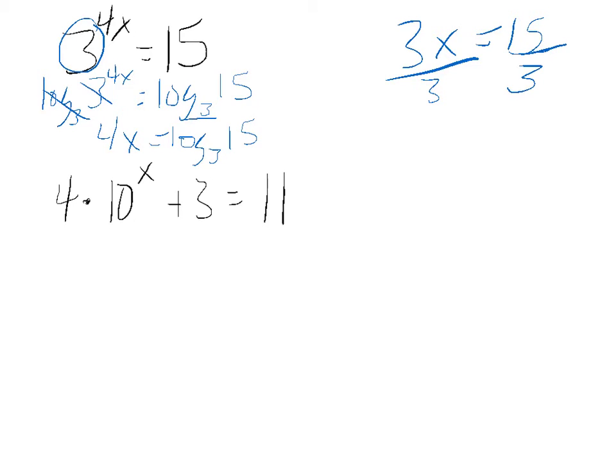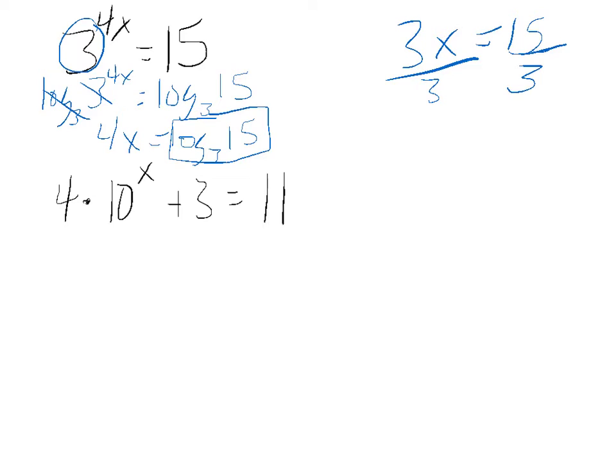Now, yesterday, you should have figured out how to plug one of these into your calculator, right? Log base 3 of 15. Let me pull out my calculator here. If you have a calculator with the older operating system, you can go log 15 over log 3.